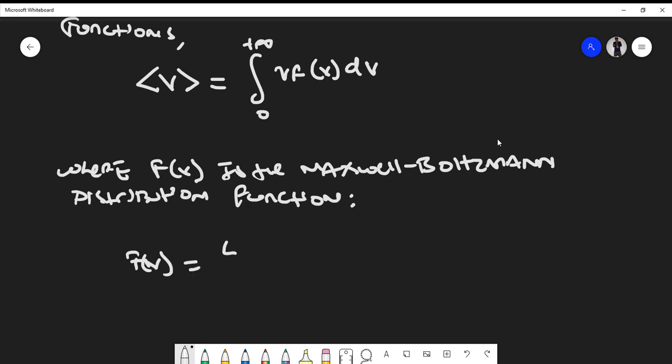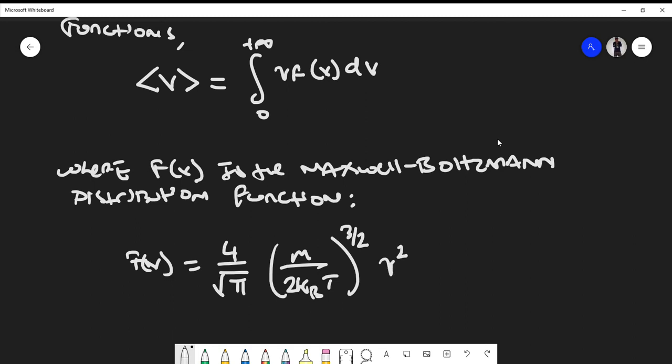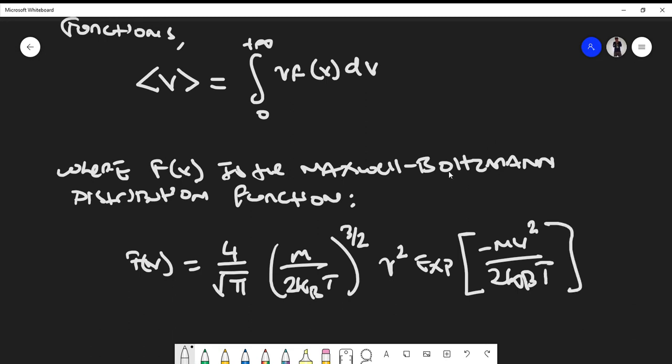F of V is equal to 4 over the square root of pi times m over 2kb, where kb is a Boltzmann constant, times T, the temperature, raised to the 3/2 power, times V squared, times the exponential of minus m times V squared over 2kb, which is Boltzmann constant, times the temperature. So this is where the average speed is derived from.